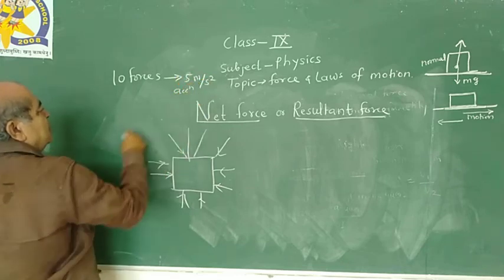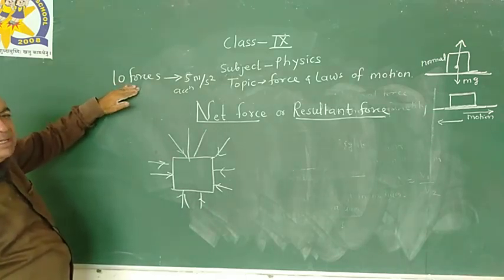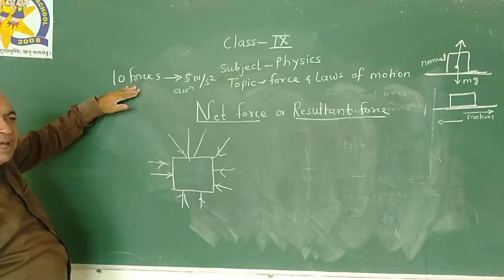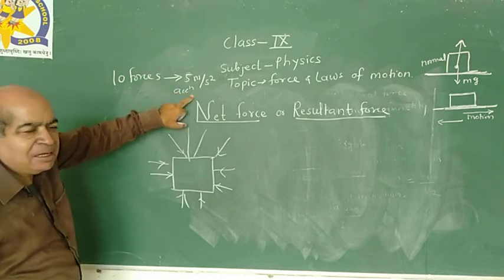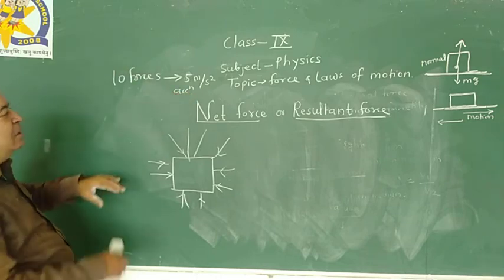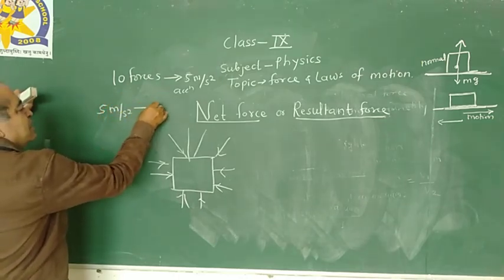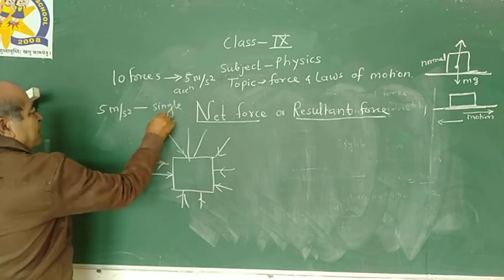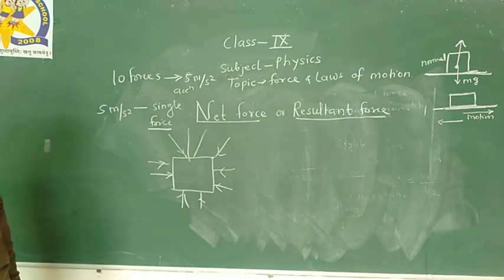When the number of forces acting on the object simultaneously produce the same acceleration, and if the same acceleration is produced by a single force, then the single force is called the resultant force, or the net force acting on the object.